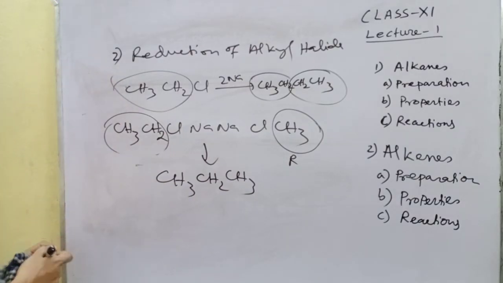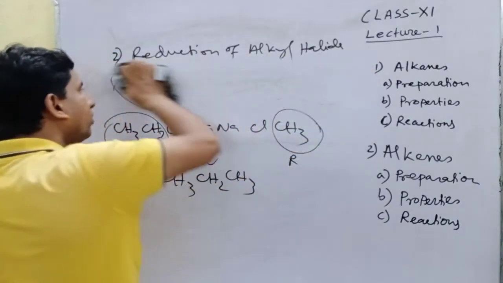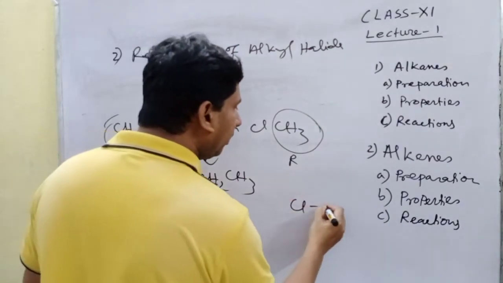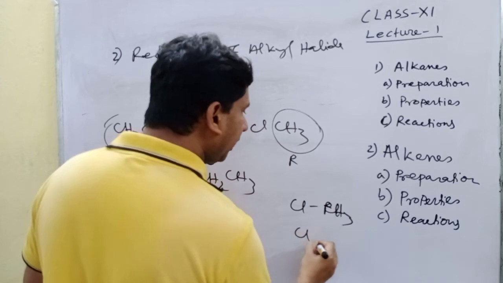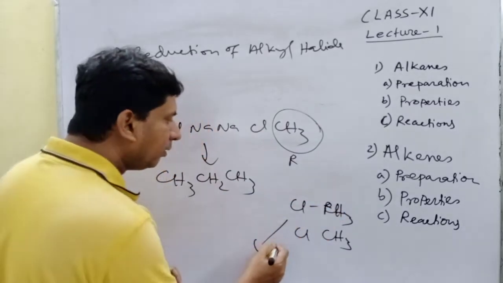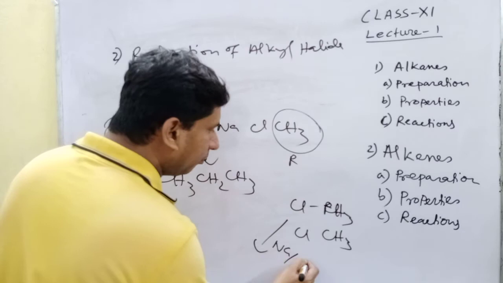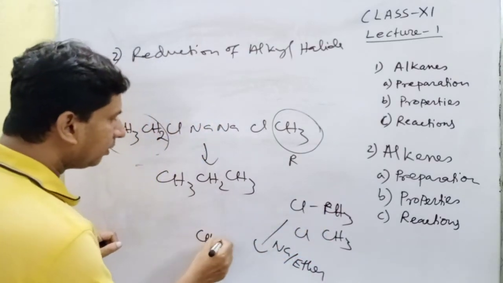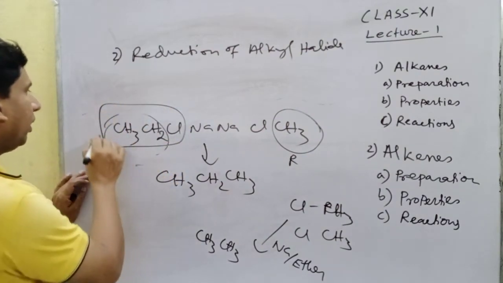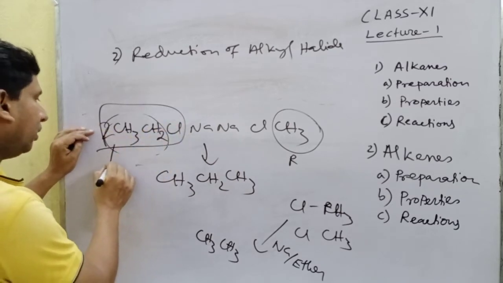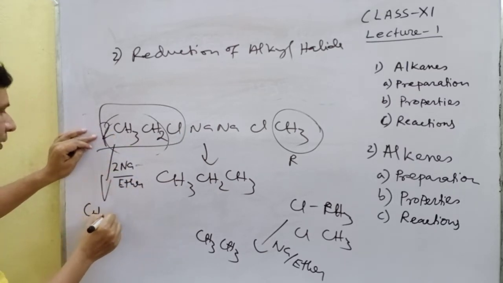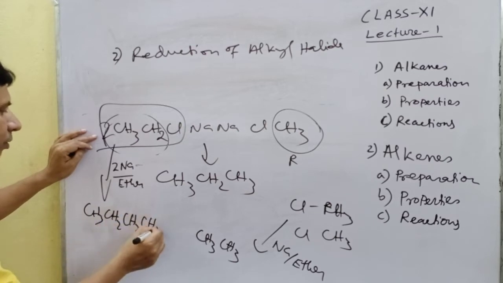But is it true? Always? No. Because we can see that there is a possibility, because if two Cl CH3 combine in presence of sodium in ether medium, then we will get CH3CH3. Again, if two CH3CH2Cl combine in presence of sodium in dry ether, then we will get CH3CH2CH2CH3.